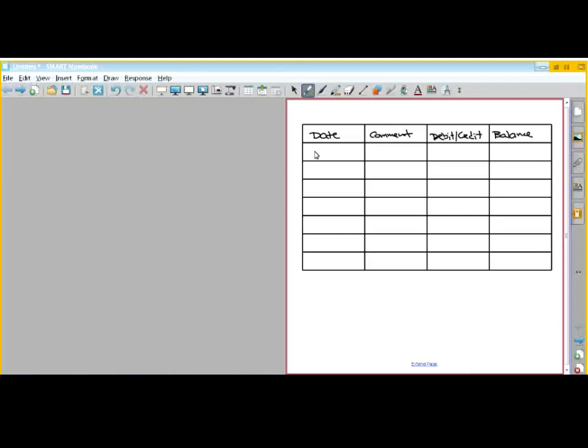So first thing is on June 11th, which is the billing date. So that's when we start. We don't really have anything associated with this, but we do have a balance, which is $462.42. Now what happens next is we have June 15th.